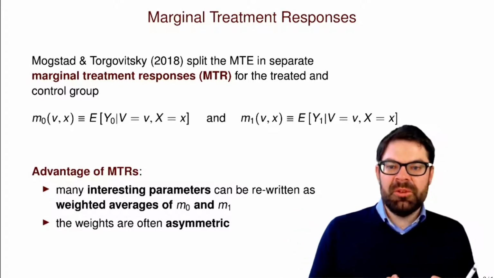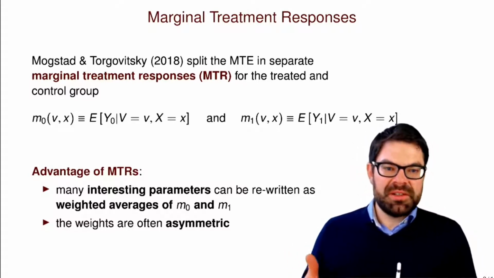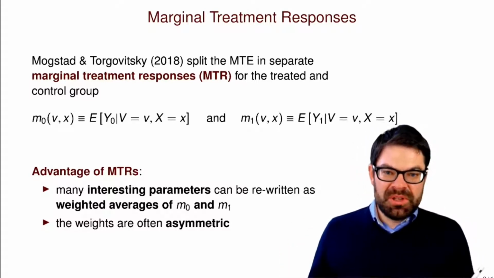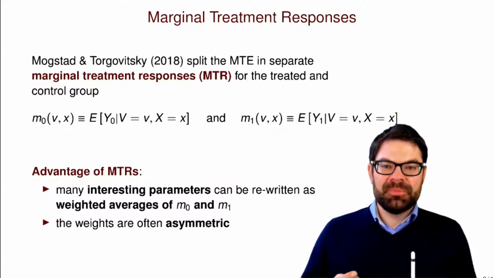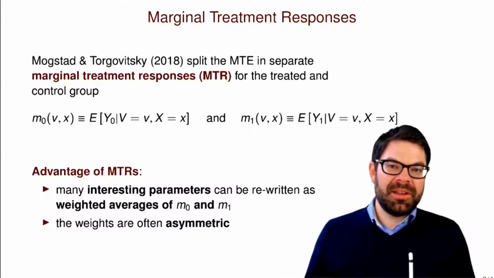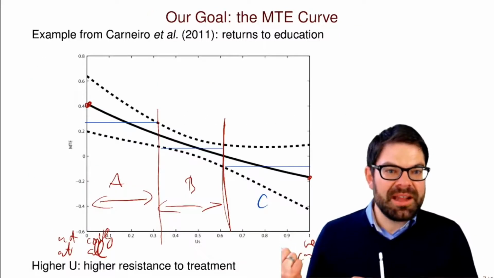But it has seen a revival in recent years, mainly also because with large administrative data sets, we all of a sudden have, oftentimes, enough data to estimate a curve like that.